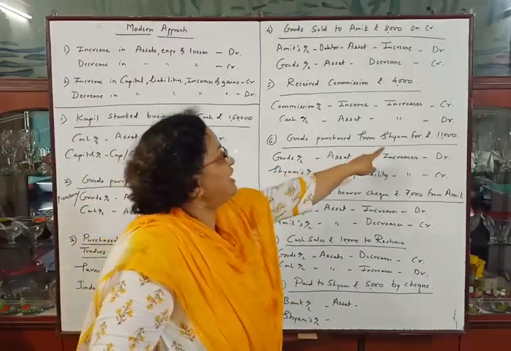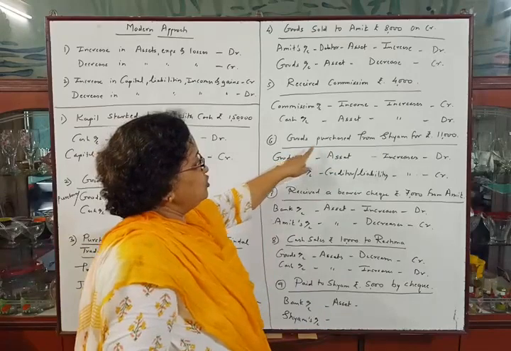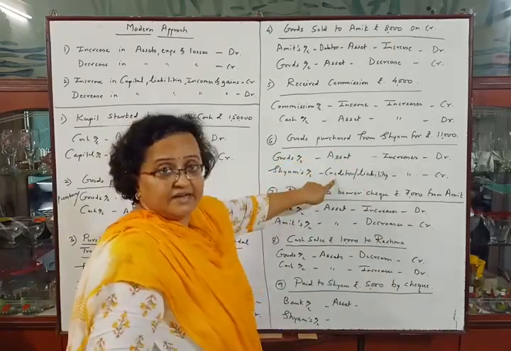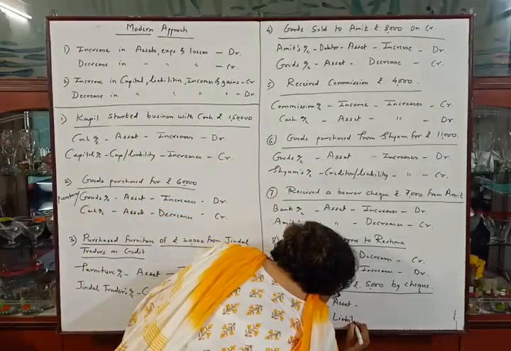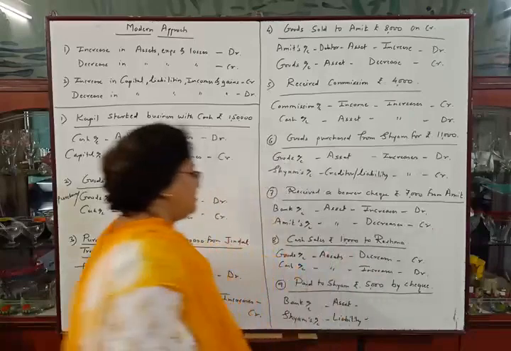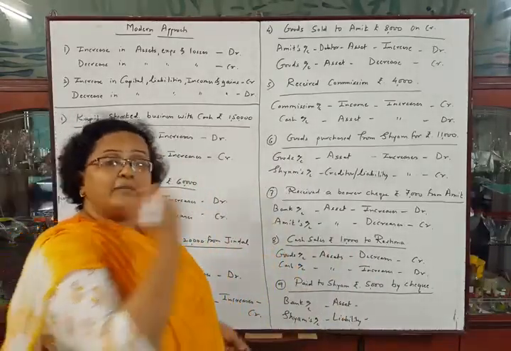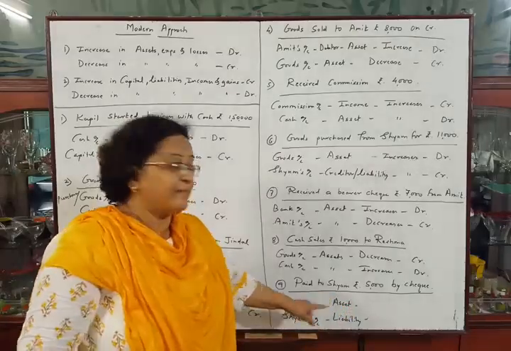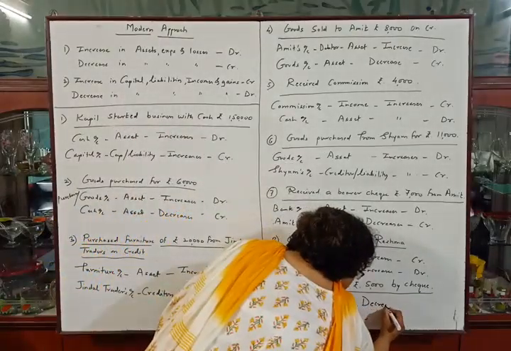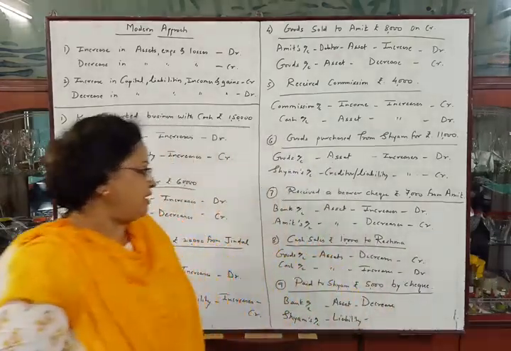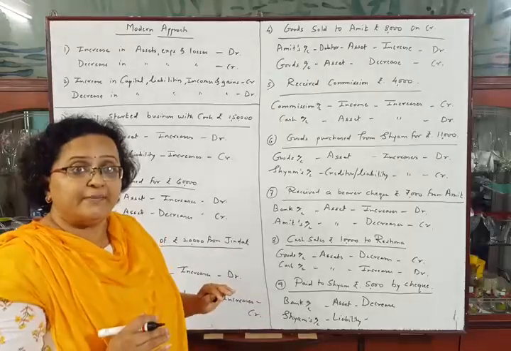Here we know that we have purchased goods from Sham and he is our creditor, so it is our liability. When we pay amount to Sham, our bank balance will decrease and Sham is our liability.